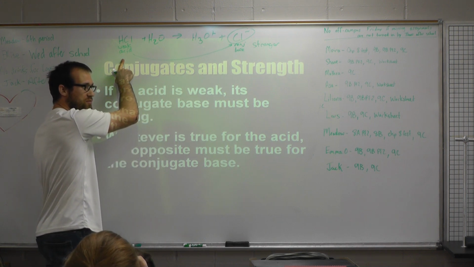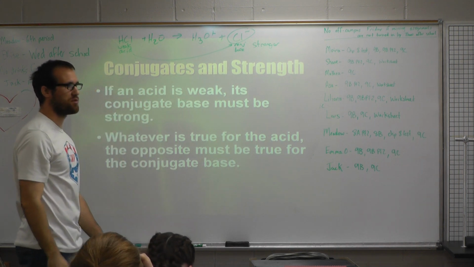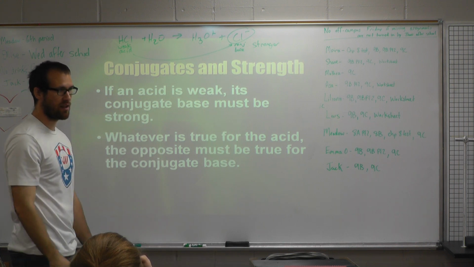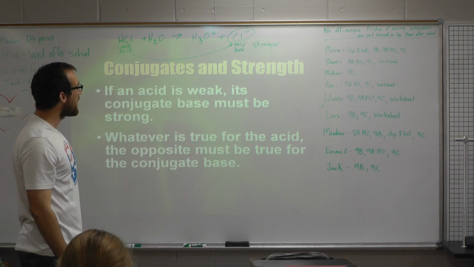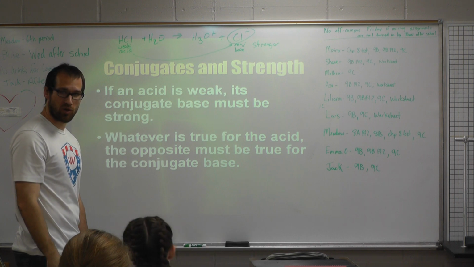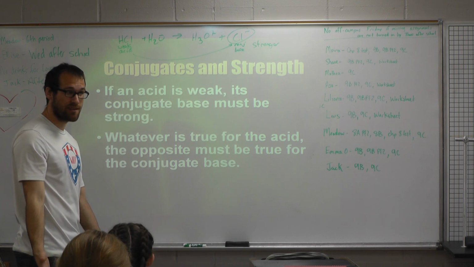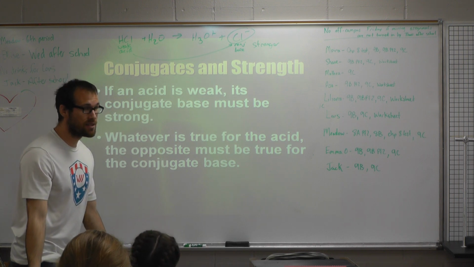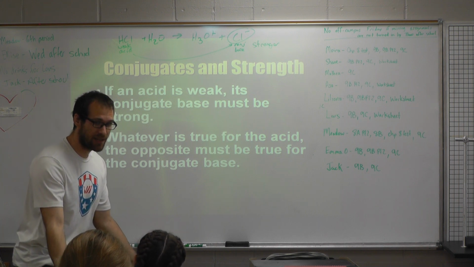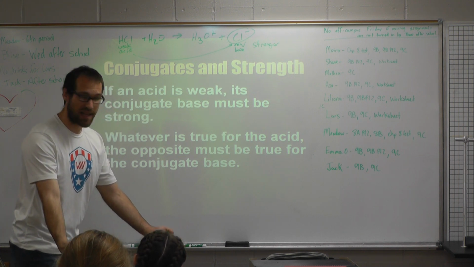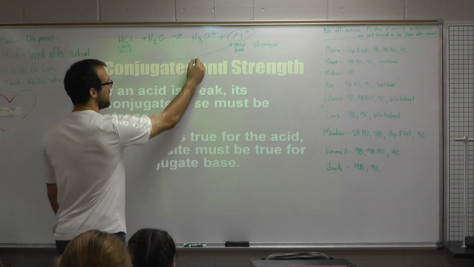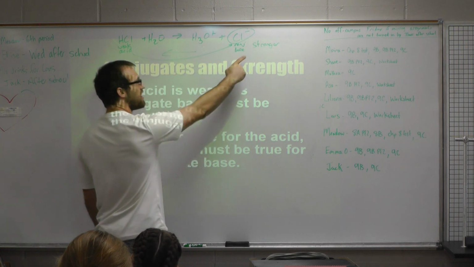Which means, which direction does equilibrium lie? Far left or far right? To the left. What do we know about weak acids? They don't completely dissociate. So weak acids' equilibrium always lies far left. That's because they give off a conjugate that's stronger.